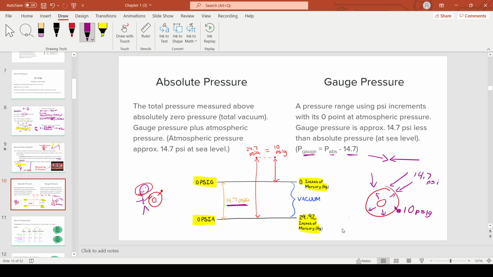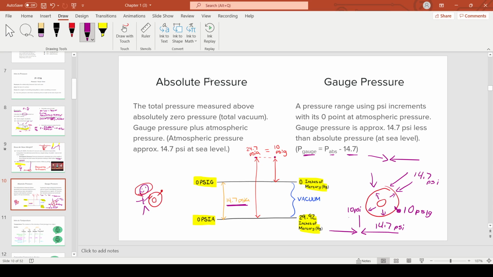So if you have the force of the tire pointing out and then the force of the air working against it, 14.7 psi, and your total is 10 psi, then the actual force of that air inside is actually 24.7 psia. It's just 14.7 of that is being counteracted by the air outside. We'll do some more calculations with that later.